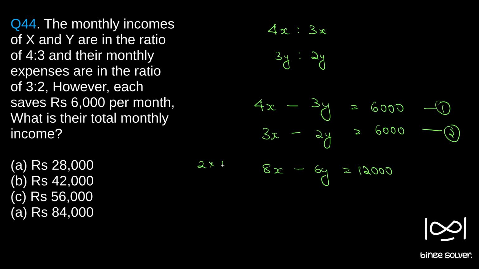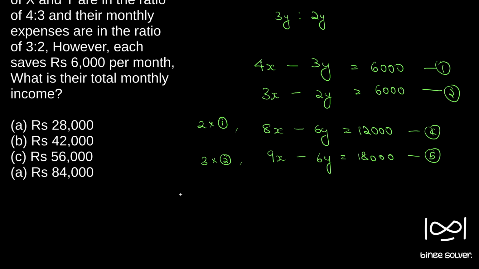So 2 into 1 gives 8x minus 6y is equal to 12,000, and 3 into 2 gives 9x minus 6y equal to 18,000. So let these be 4 and 5. So 5 minus 4 gives, if you subtract 5 and 4, we get 9x minus 8x is x, minus 6y minus 6y cancels out. So x is equal to 18,000 minus 12,000, which is 6,000.